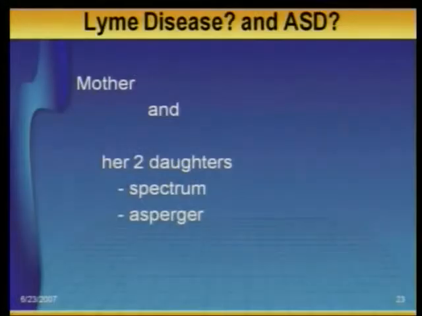Now, just to bring this into real life, you know, this is reality TV and everything else, I'm going to show you an example of scans on 3 people, a mother and 2 of her daughters. They're in the audience this evening. They visited with me and had some scans just a couple of days ago, because I want to give you some sense of how we're using these scans to help in the evaluation and understanding of what's going on in people, whether or not there's the question of Lyme disease or autism.